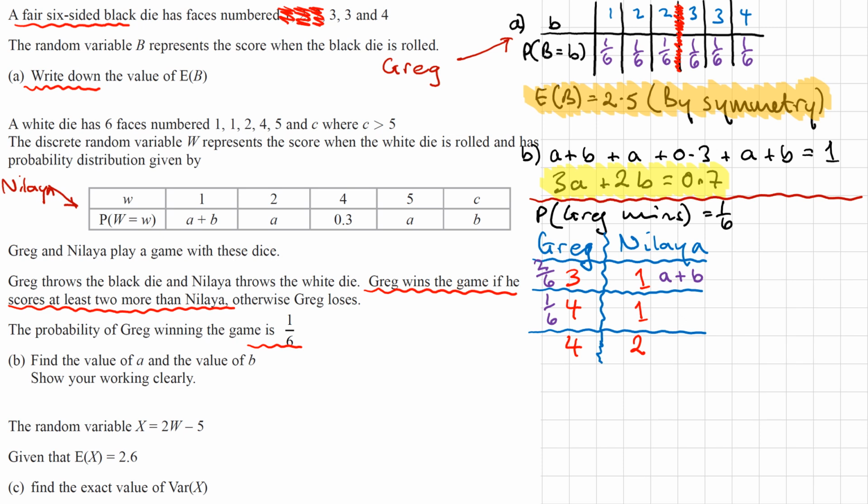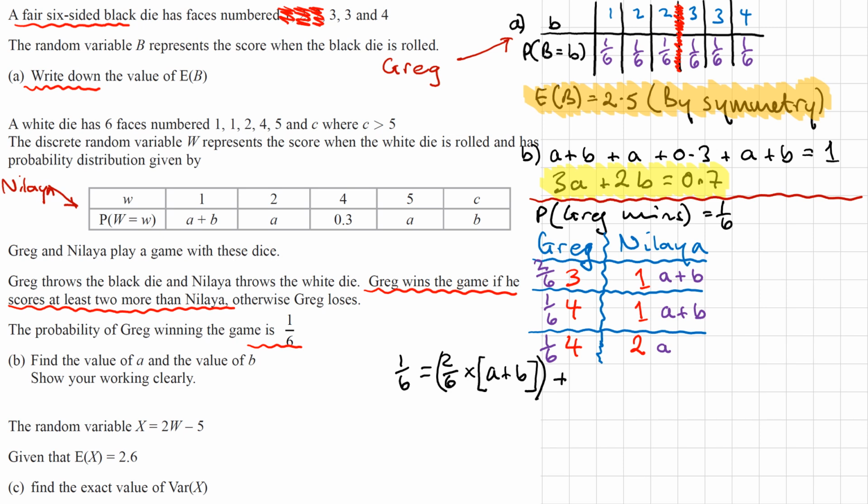Again, Nalia to get a 1, that's A plus B. And then 1 over 6 to get a 4, and to get a 2, Nalia's probability is A. So Greg will win: it will be 1/6 if Greg gets a 3, 2 over 6, and Nalia gets a 1, A plus B. Okay, so I'll times them together.